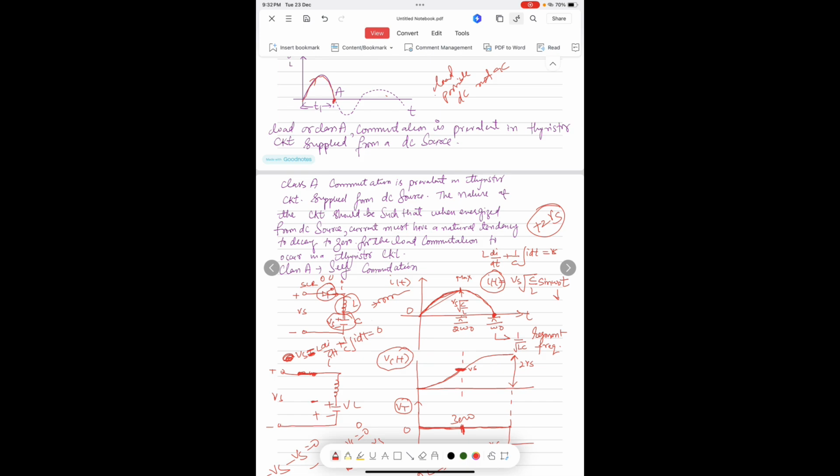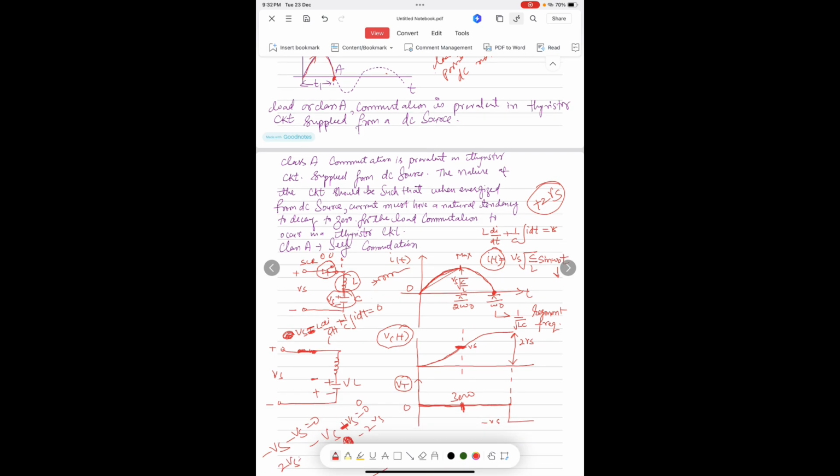Now it is going in the reverse direction and slowly going to zero. Then it reverses and the capacitor starts discharging and reaches a point zero. At that particular time, the voltage across the thyristor is still zero because it is short circuited. It is in the conduction mode.